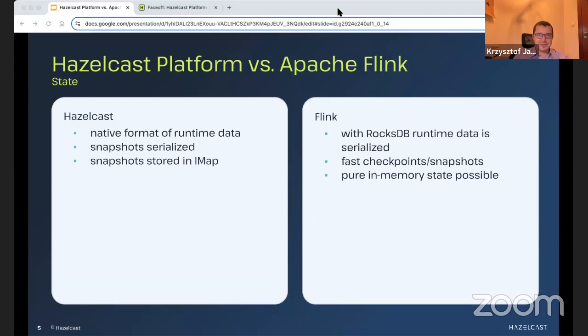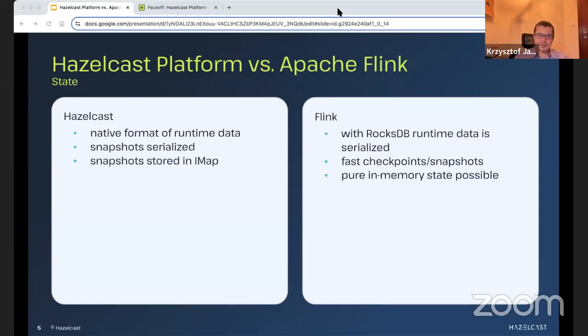But that's one side of the coin. We also need to make snapshots, or checkpoints in Flink, to provide processing guarantees and fault tolerance. So when doing snapshots, Hazelcast needs to serialize all the data that are kept as part of state in memory and put them in IMaps.